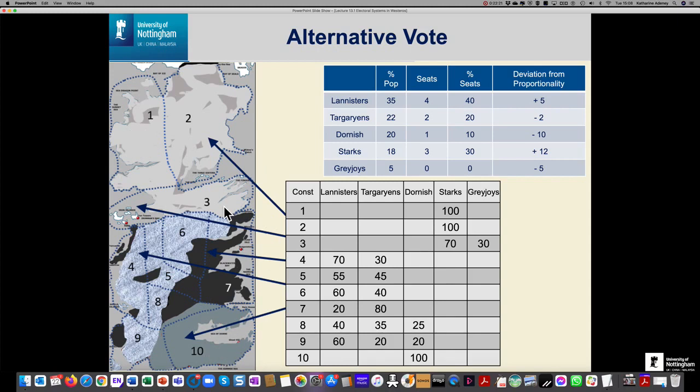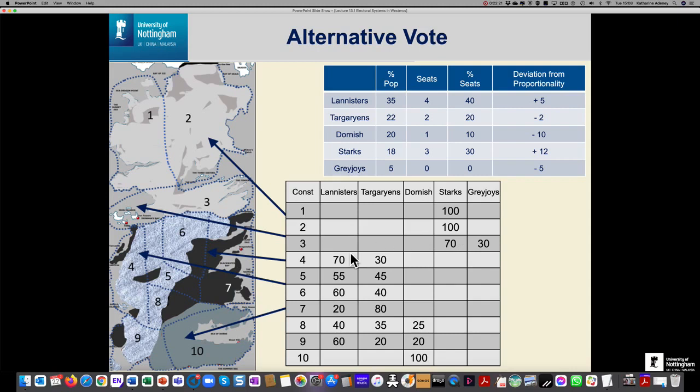Now, what you see in constituency number 3 is the same as under simple plurality. The Starks are going to win because they have 70% of the population. They don't need to appeal to the Greyjoys.